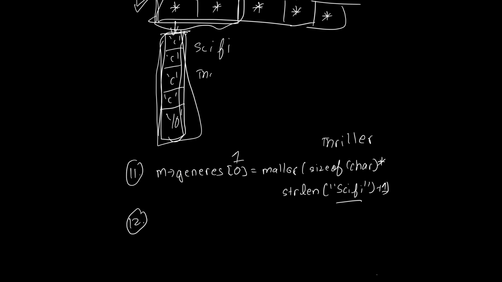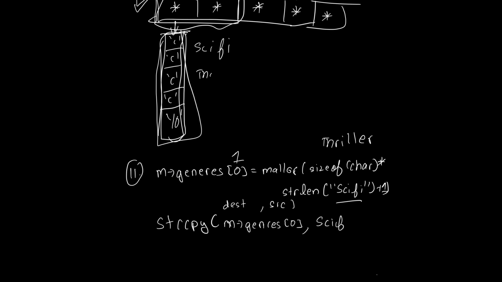And then we also need to use the string copy function. We need to do strcpy, string copy, so destination, and then the source. So we can just say destination is m arrow genres at the 0th position, and the source is sci-fi, which is just a string.